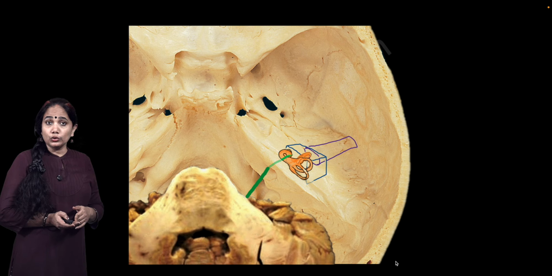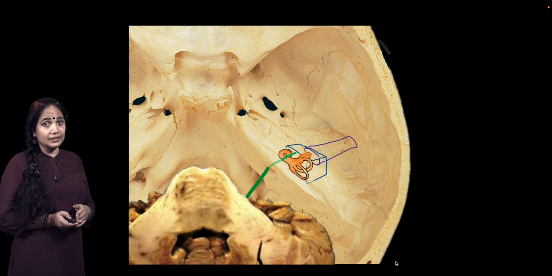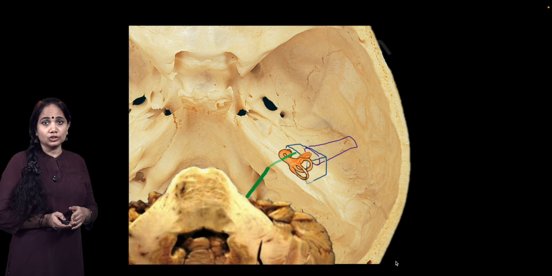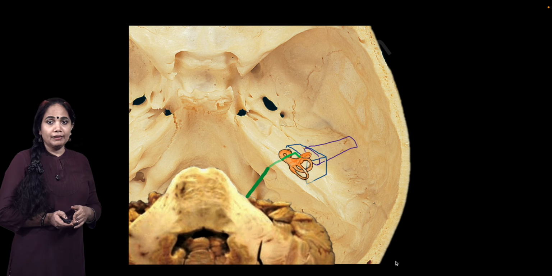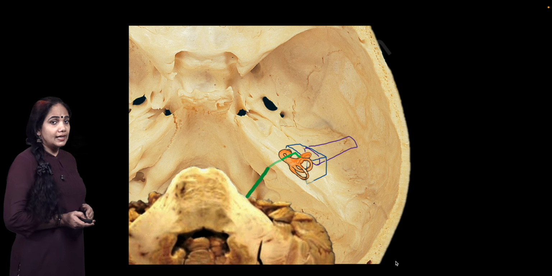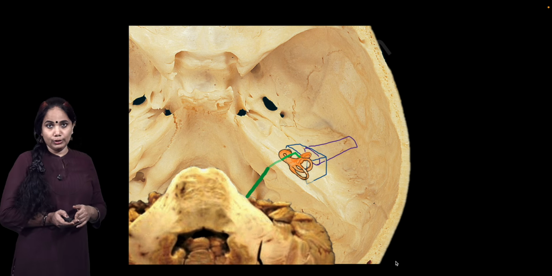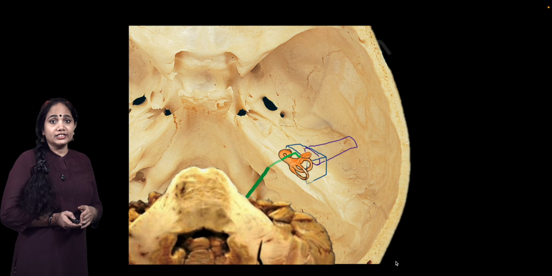It passes through the fallopian canal or the facial canal, and it reaches the medial wall of the middle ear. From here it bends 90 degrees backwards, and this is called the first genu. It bends backwards, passing between the lateral semicircular canal above and the promontory below, and then it reaches the junction of the medial wall and the posterior wall.